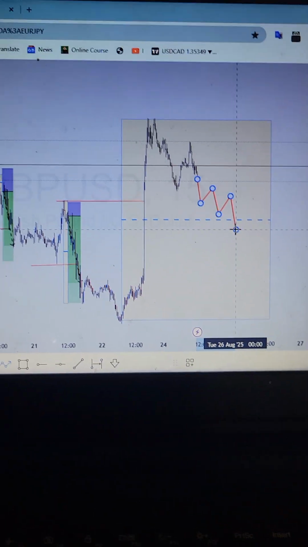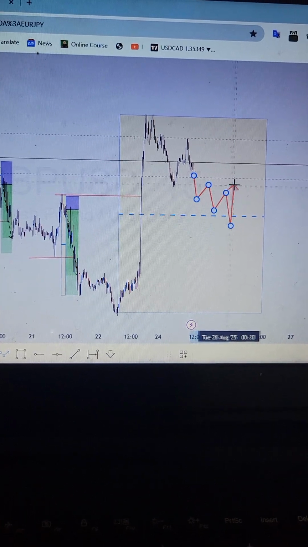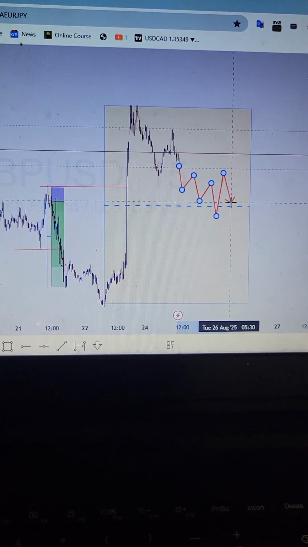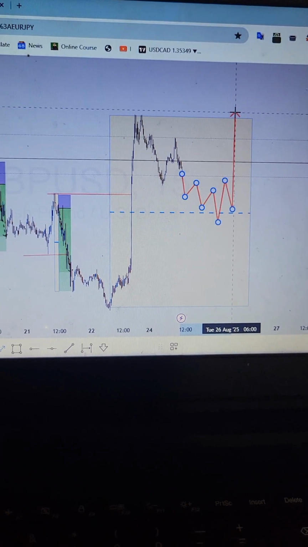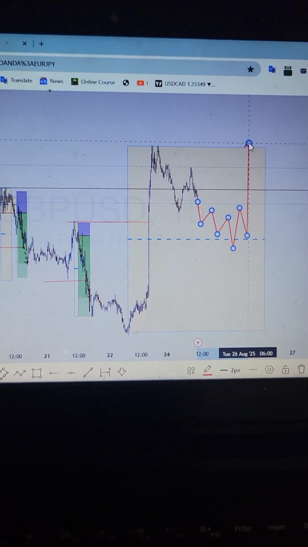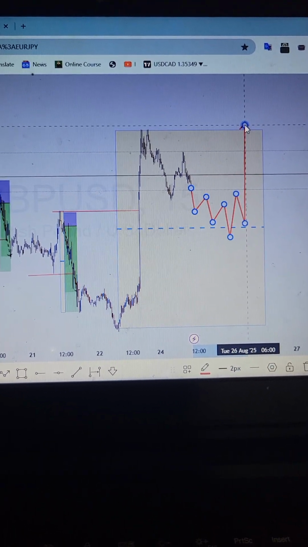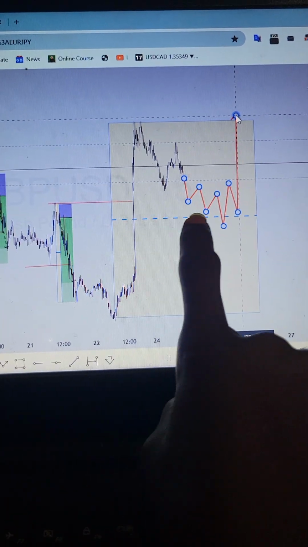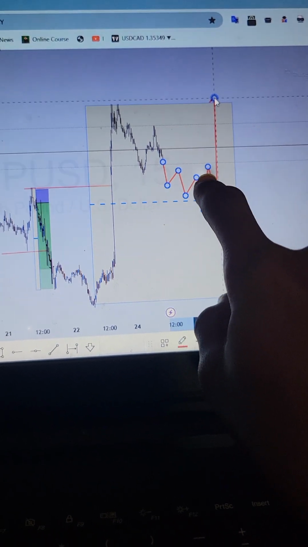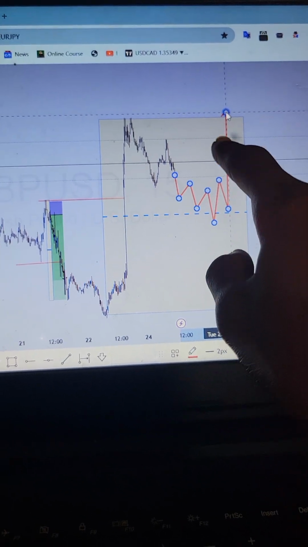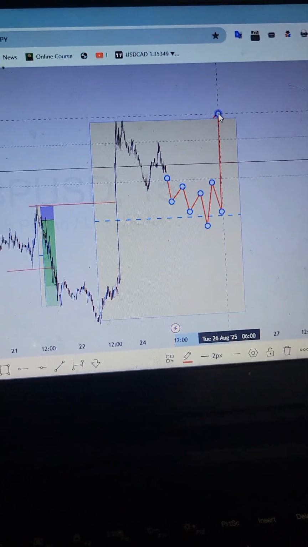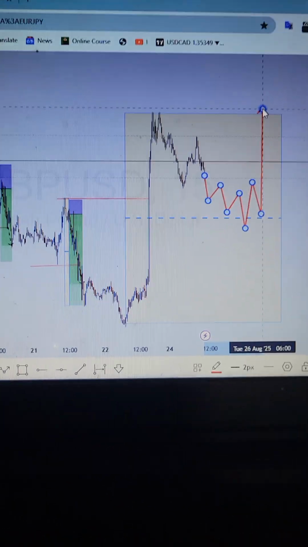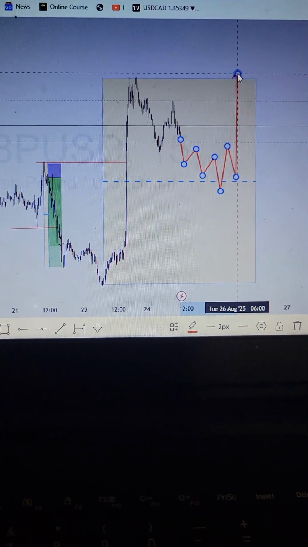So as soon as you sweep this region here, I'll be expecting it to break above here, pull back, and then I'll look for a buy to the upside. So guys, this is what you all should watch out for on GBPUSD. If you can see anything like this, a break and a break as well, pull back, then you should buy to the upside. Win or loss, there will always be more trades to take in the future.